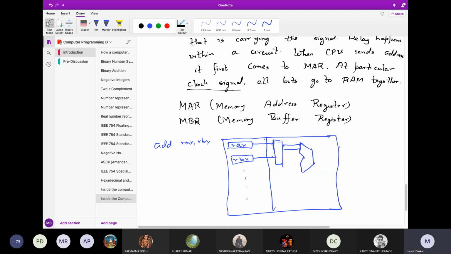Now the question is, suppose the clock signal is kept so high that it does not make any sense. Say the maximum delay. Try to understand; I'm trying to elaborate in a simpler language. Suppose the maximum delay that can happen within the system is 2 picoseconds. Don't worry, this will not be in the syllabus.